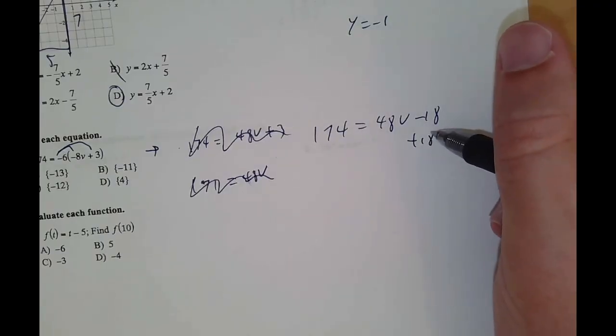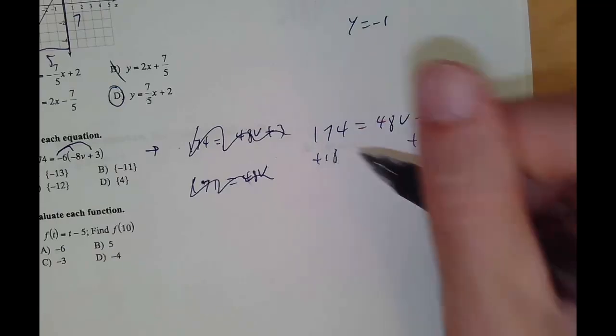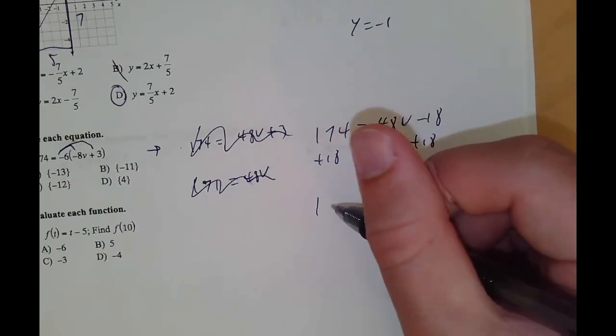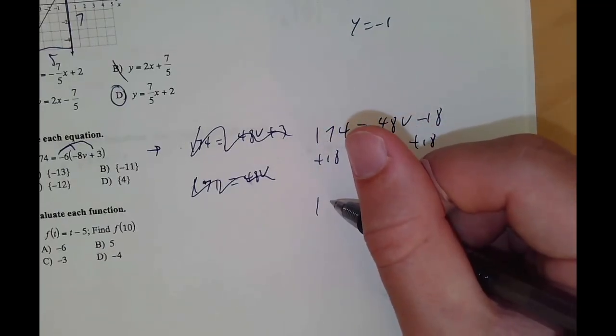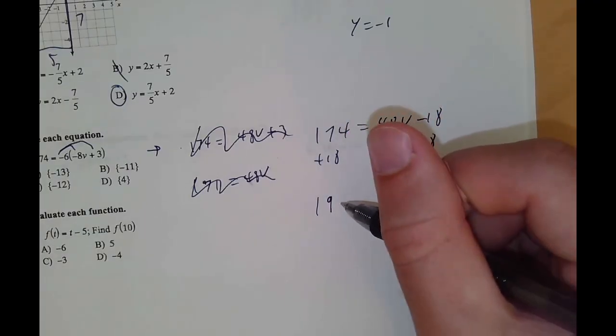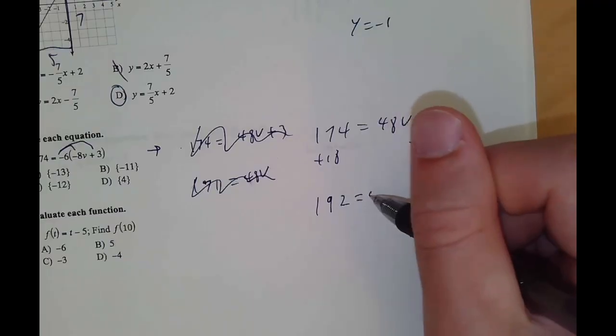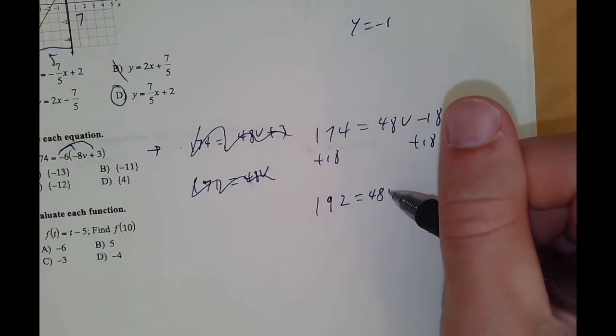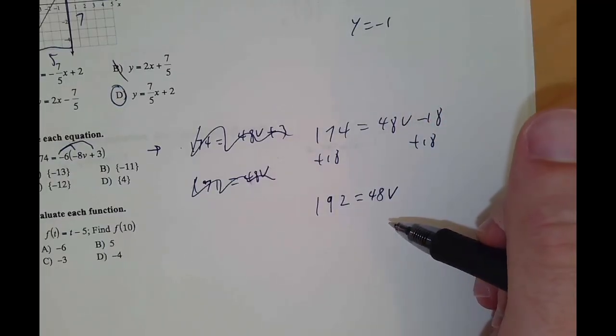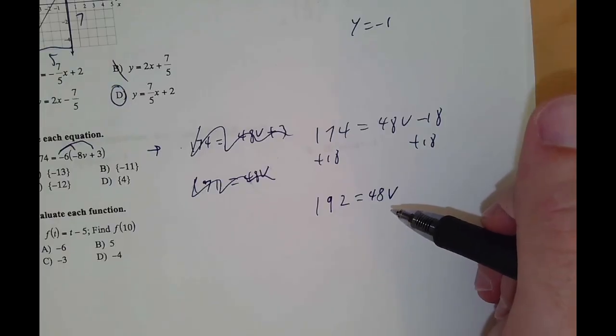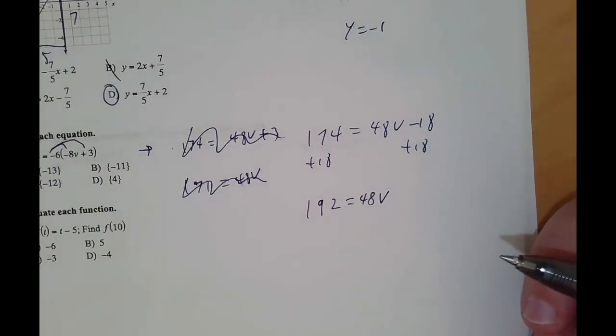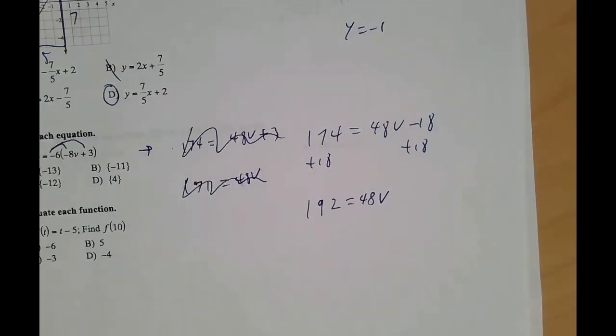Then we'll add 18 to both sides, and we'll get 192 equals 48v. And then let's do 192 divided by 48.